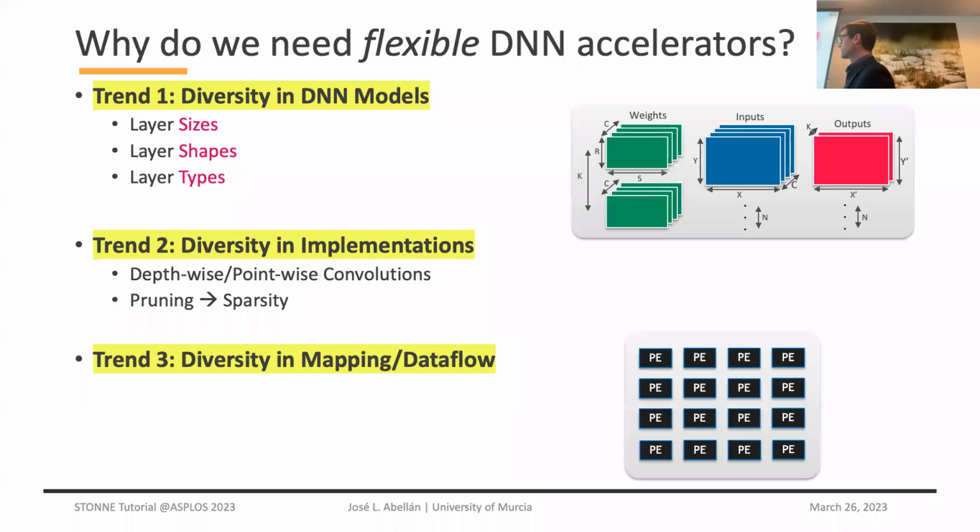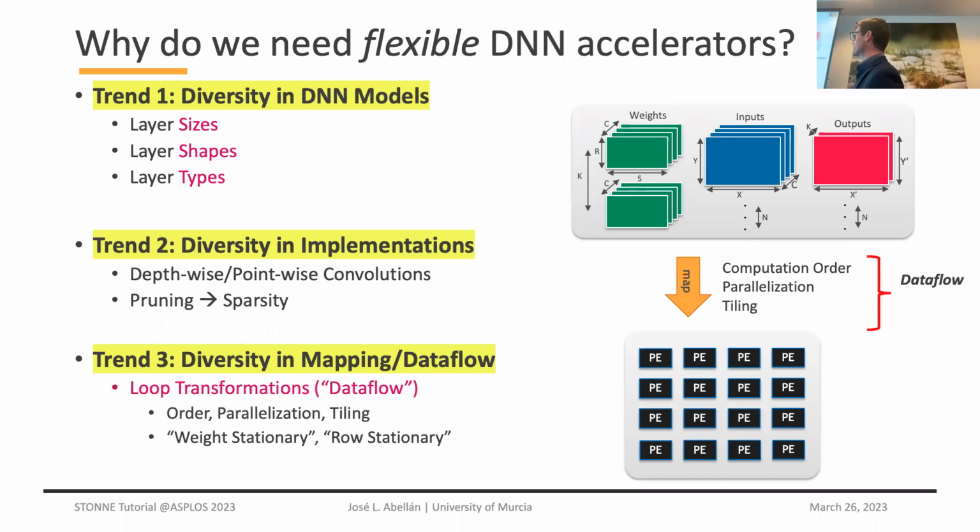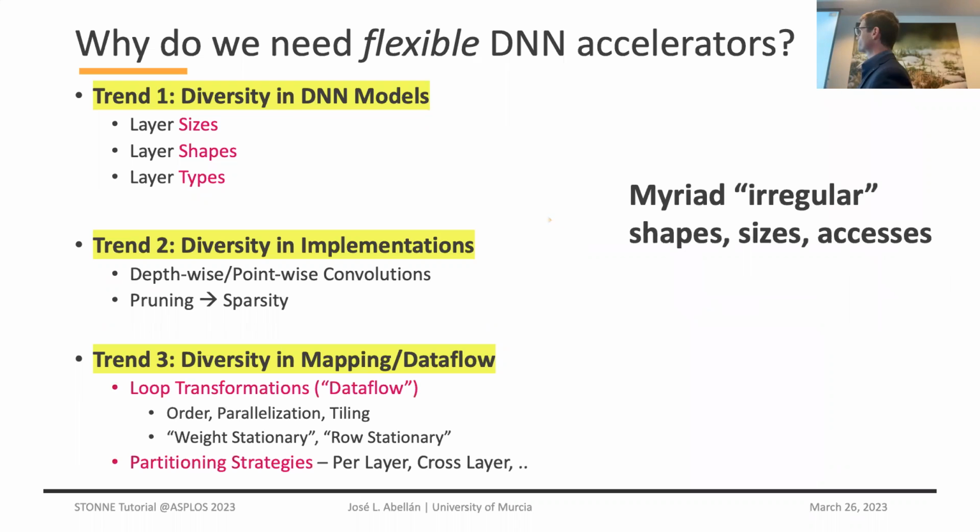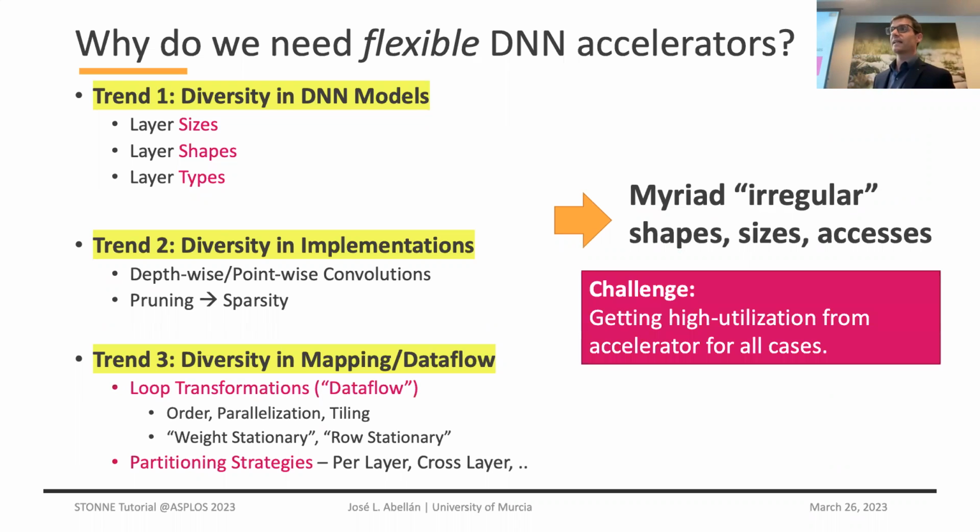And finally, of course, the diversity in terms of mapping and dataflow, depending on the dataflow strategies that I commented on earlier, and also the partitioning strategy per layer or across layers. So there are many different possibilities. For all this myriad of irregular shapes, sizes, etc., we need to be good, and it's the challenge. We need to get high utilization in all cases, in all scenarios.